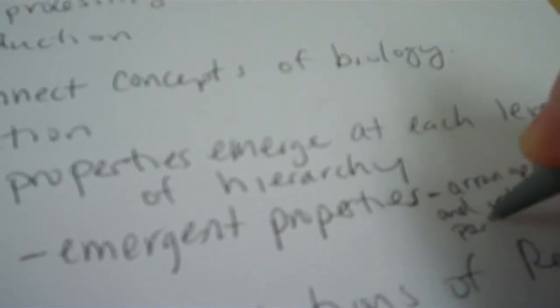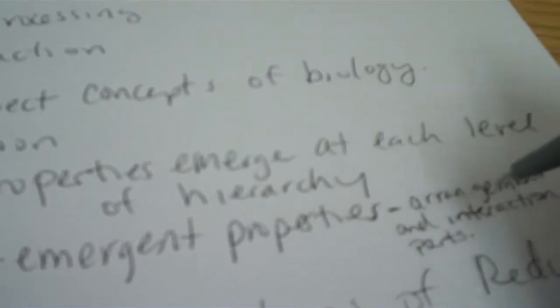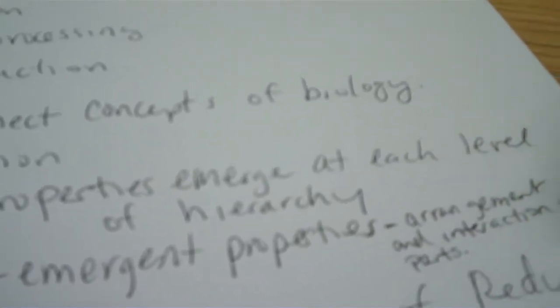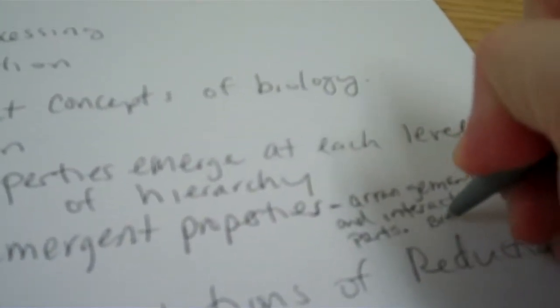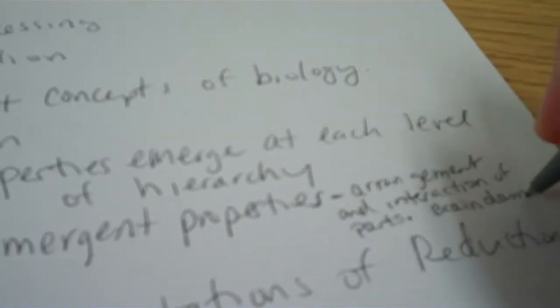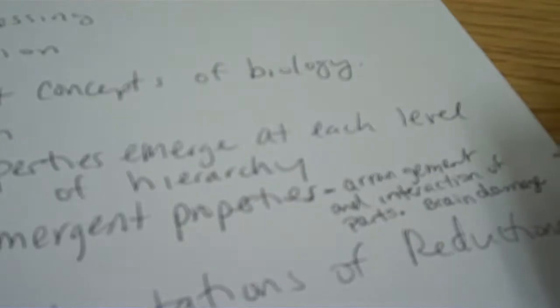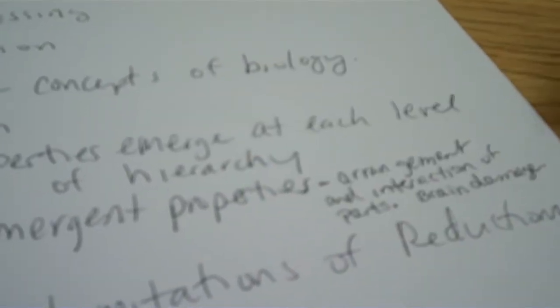And as an example, I might use brain damage. If you damage part of the brain, even though you may still have those pieces, they may not interact with each other in a way that allows the brain to function the way that it normally does.